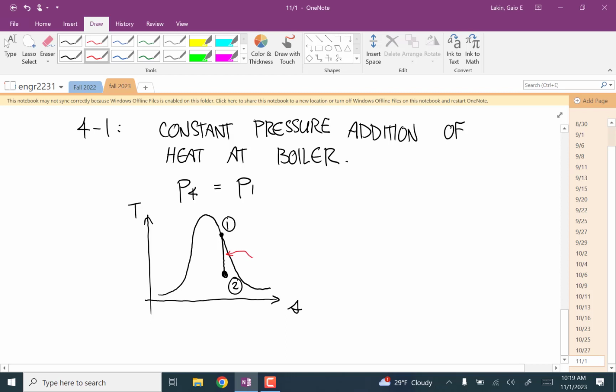So this is the turbine. Then from state 2 to state 3, we're over here. This is the condenser.